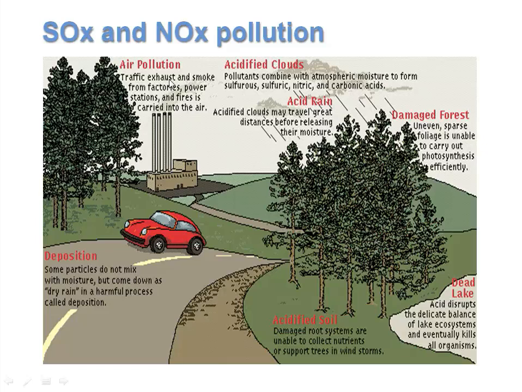But basically, if you go back, you will see the origin of this SO and NO is in fossil fuel. So if we altogether cease the use of fossil fuel, we can contribute around 80 to 90% reduction in air pollution.